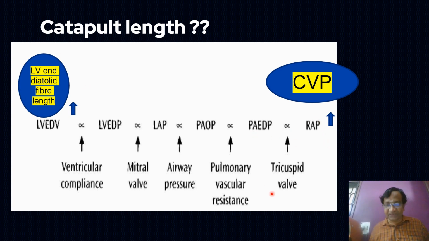Then you have to have the tricuspid valve normal, pulmonary vascular resistance normal, airway pressure normal, mitral valve normal. If there is a mitral stenosis, then the CVP cannot reflect the preload. If there is a severe bronchospasm, you cannot do this. So all these things are proportional to each other only if all these things are near normal.